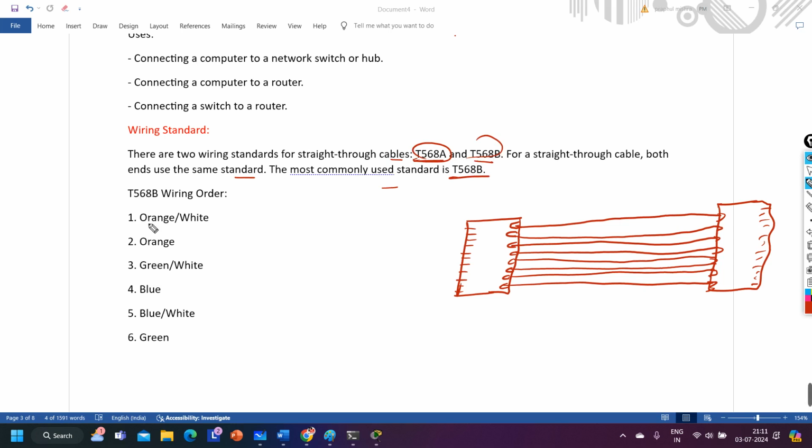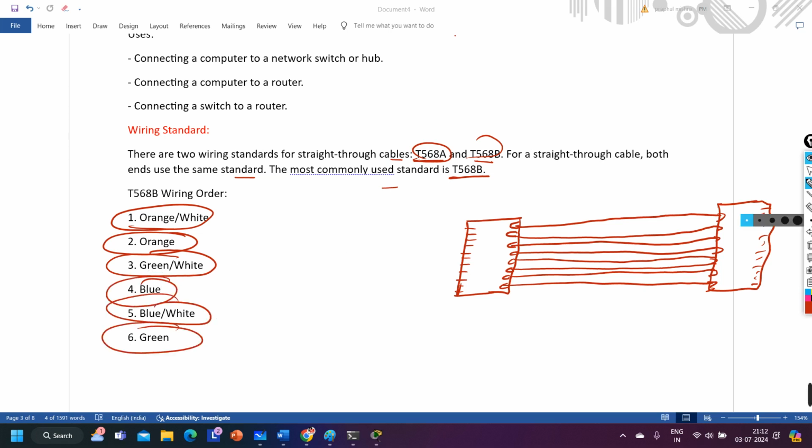And color coding, you can see pin number 1 is orange white, then orange, then green white, then blue, blue white, then green. This is the color coding.